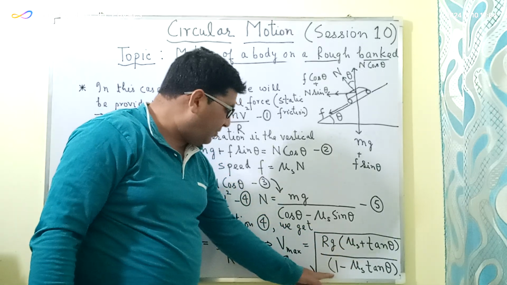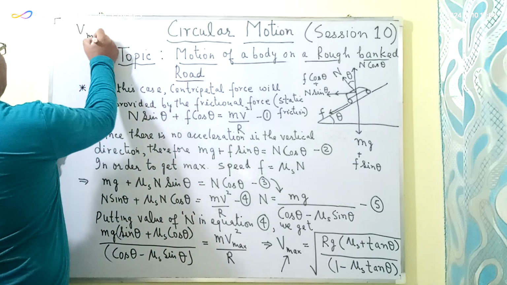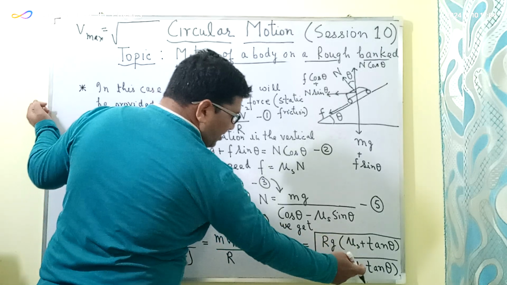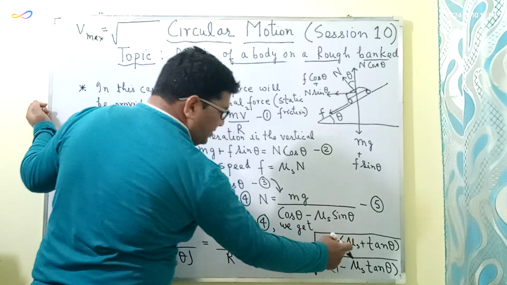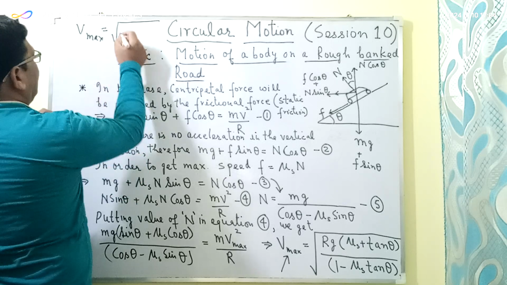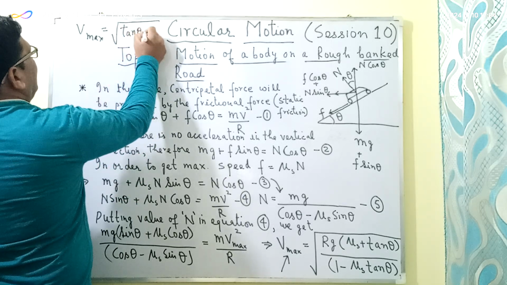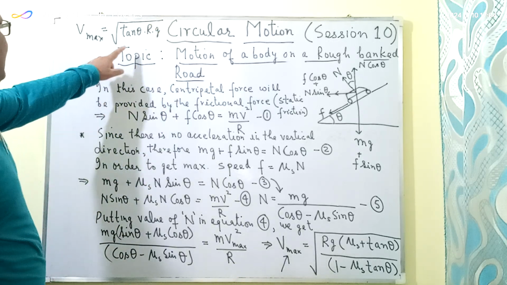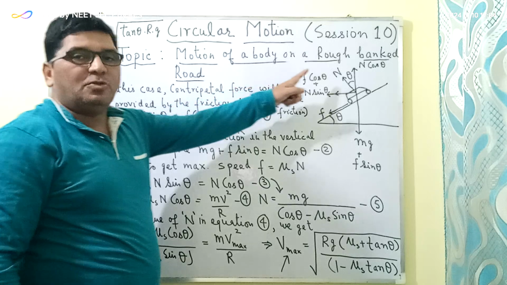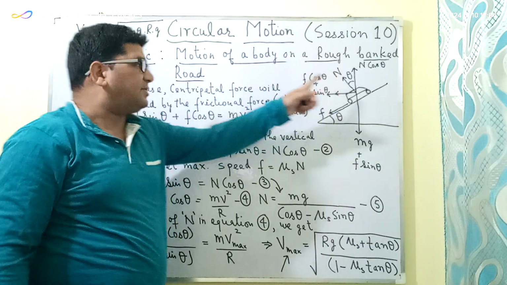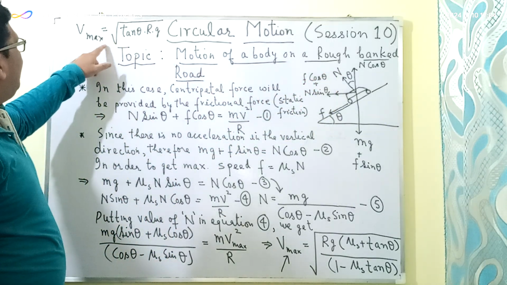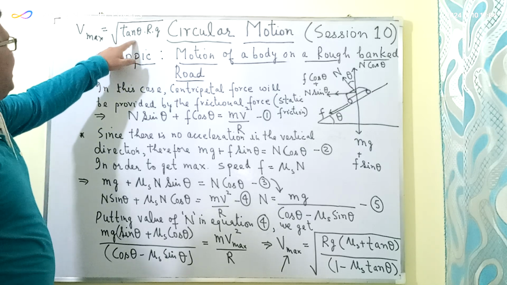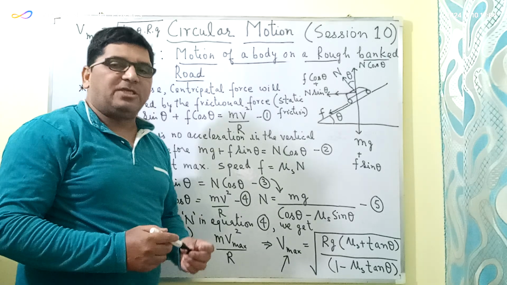In that case, this term will become 0, and we will get V max as under root of tan theta into R into G. This is the maximum speed with which a vehicle can move on a smooth, frictionless surface: V max equal to under root of R g tan theta.